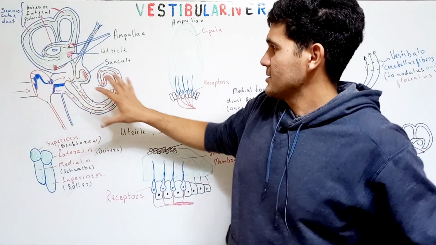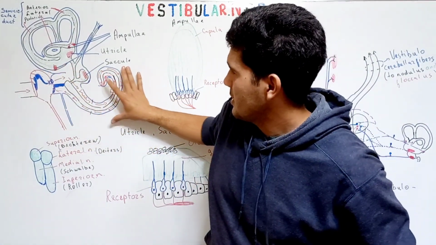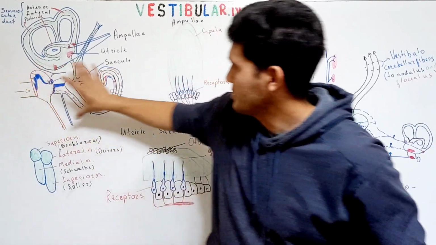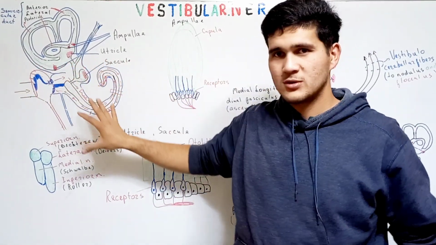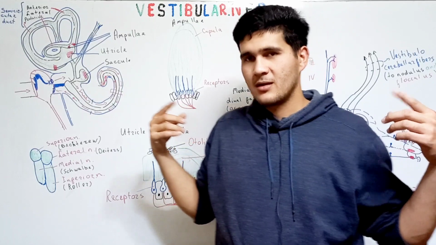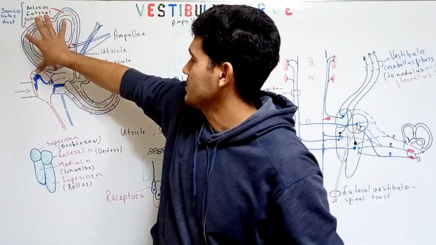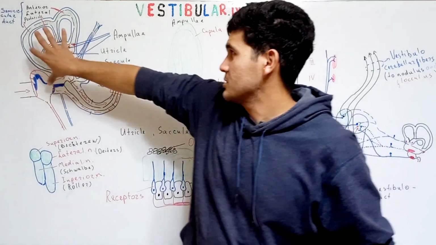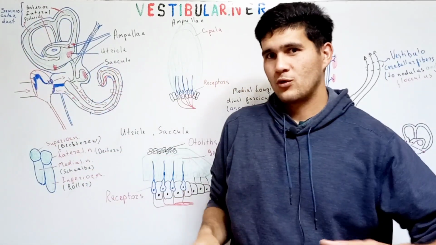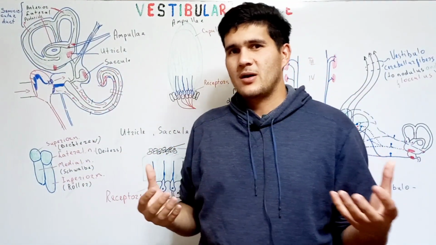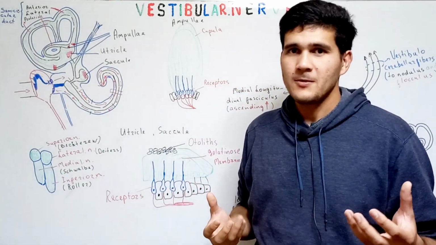In our previous lesson, we provided information about this part of the inner ear, and this part is responsible for receiving the impulses, sound impulses, okay? And these semicircular canals, semicircular ducts, are responsible for providing information about the position of the head, okay?